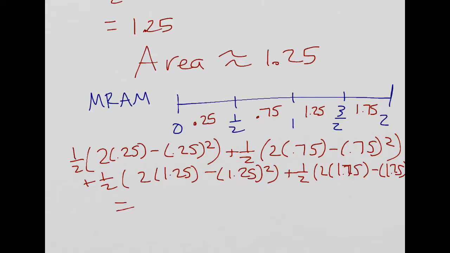So when I do that, I get 85 over 64. So the area is approximately 85 over 64, or 1.33.